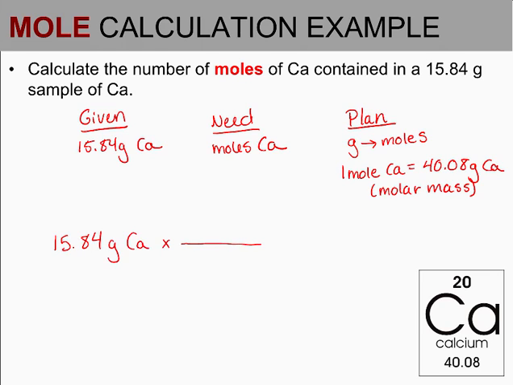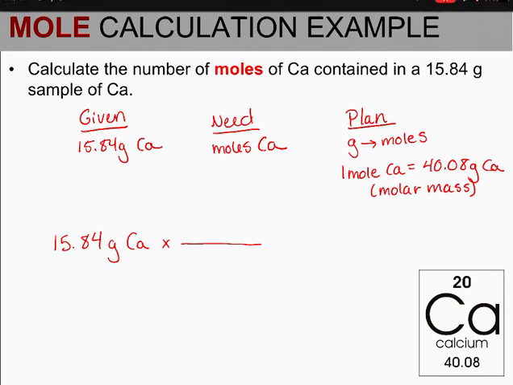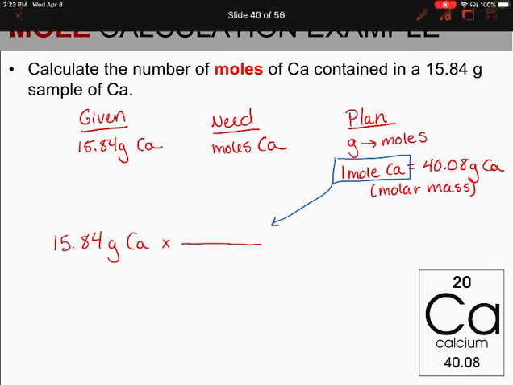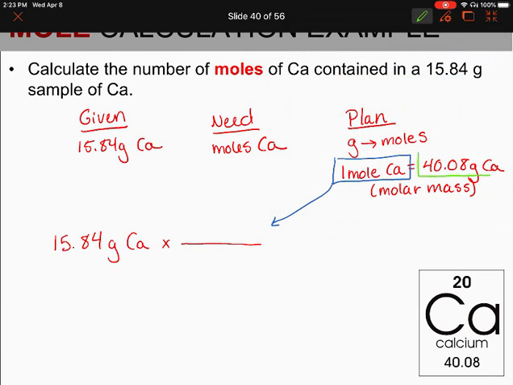Now we have to determine which unit we want and which unit we don't want. We already said that we want moles of calcium, so we're going to put this part of the equality, 1 mole of calcium, in the numerator. And then we're going to put 40.08 grams of calcium in the denominator.